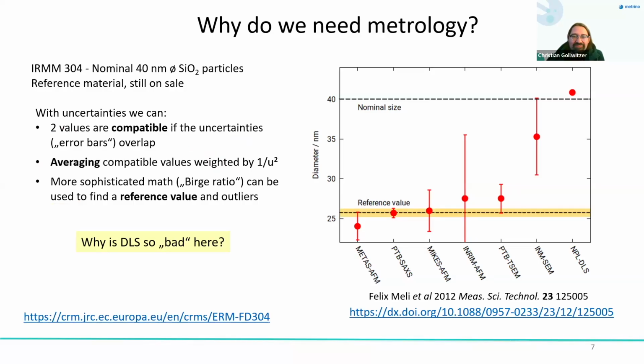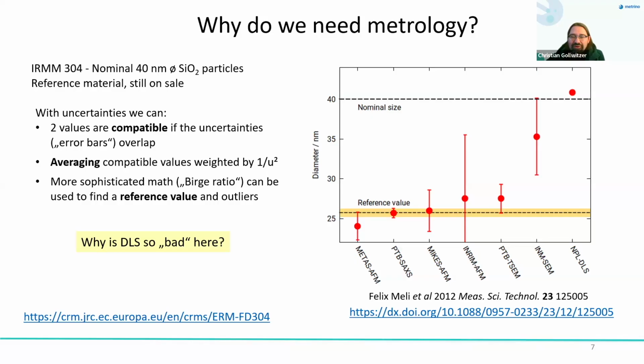So the real answer, the metrology answer, is that when you have the uncertainties, you can do much more by comparing the results. Comparing two results means that you evaluate if the uncertainties overlap.